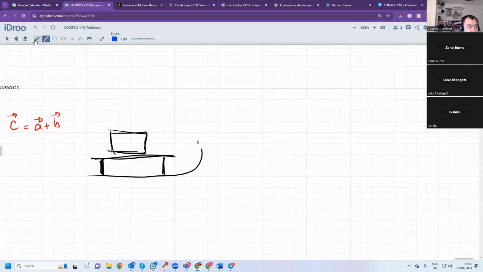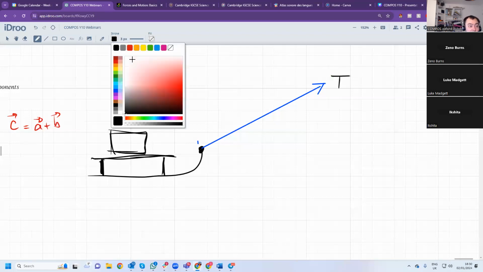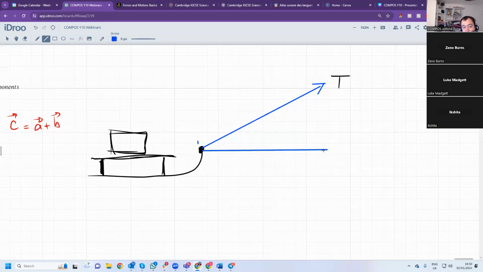And so they attached a rope at this point, and they're pulling that way. There's a pulling, this is a tension force. Now, when you are looking at this problem, it would be easier if you had two separate forces. One like this, and one like this.